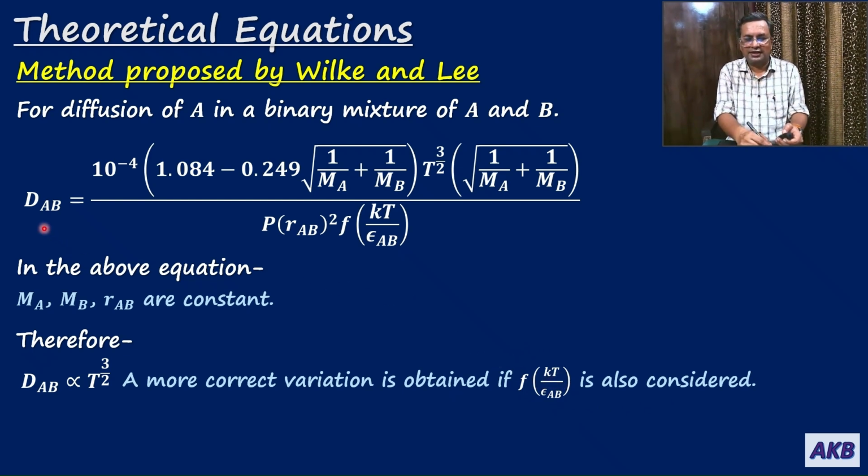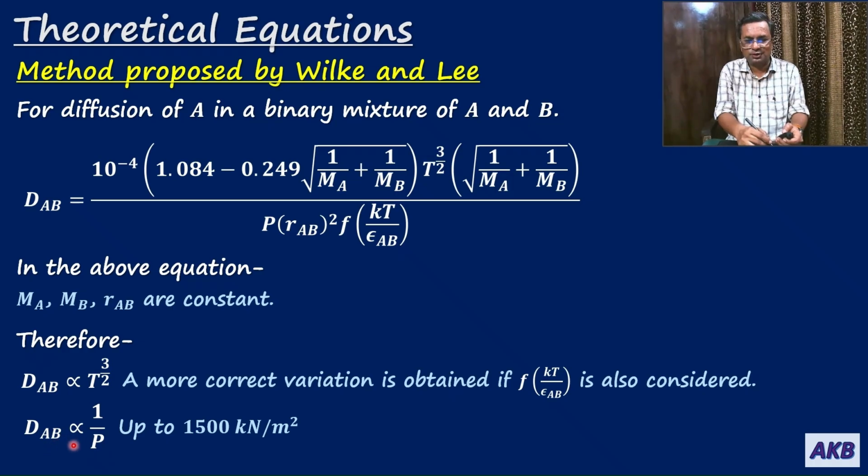Then DAB is inversely proportional to pressure from this equation. That is, DAB is proportional to 1 by P, and this is true up to pressures of 1500 kilonewton per meter square. So below 1500 kilonewton per meter square, DAB is inversely proportional to the pressure.